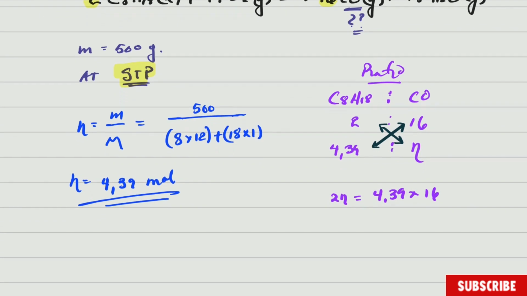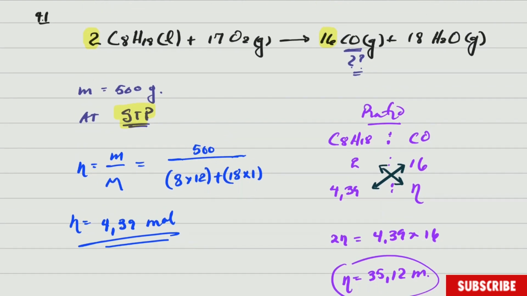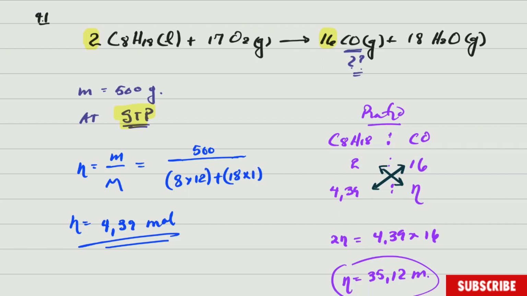And at the end, you will get that n is equal to 35,12 mole. So to use up 4,39 mole of octane, it will produce 35,12 mole of carbon monoxide.